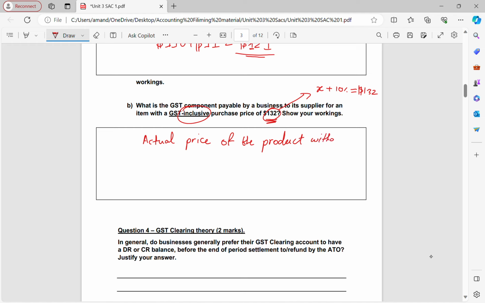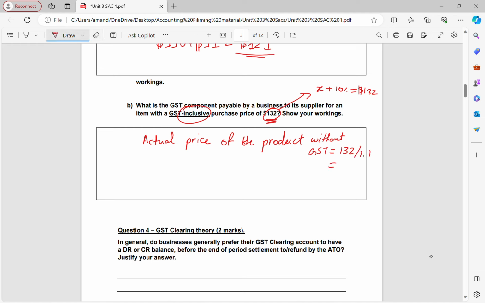Without GST, the trick is you can just divide this by 1.1.